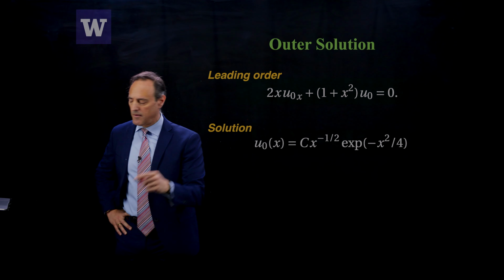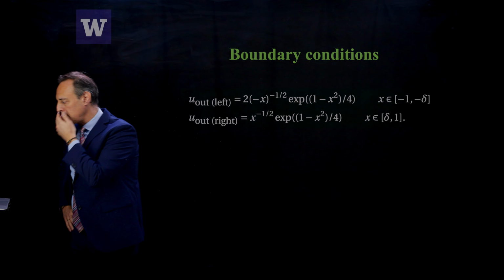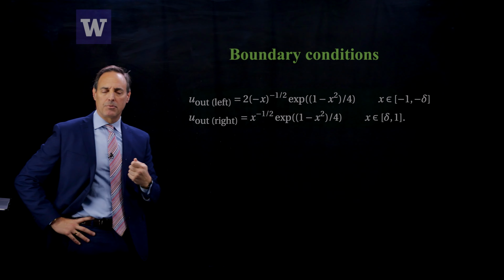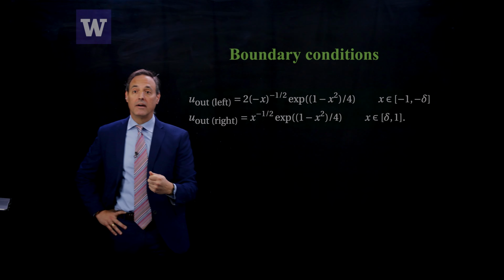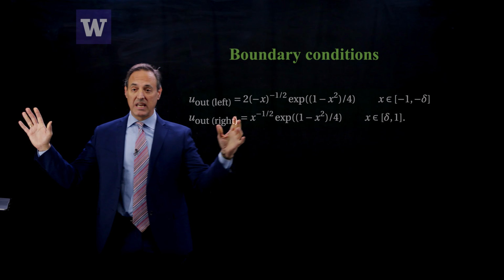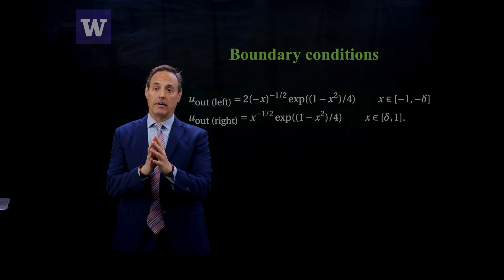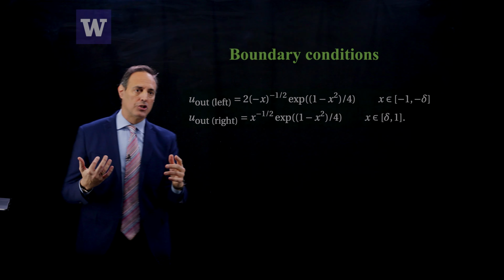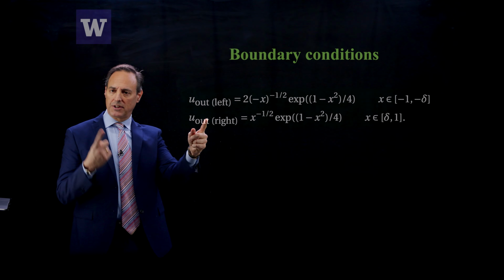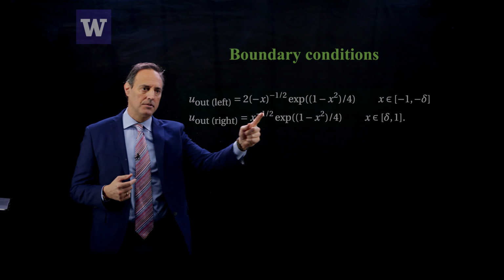But here's what's kind of interesting about this. Let's talk about boundary conditions. It turns out we're going to get a boundary layer at x equals 0. So in the middle of this domain, there's a boundary layer. So I'm going to have an outer solution to the left and to the right of the boundary layer. I'm going to have an outer solution to the left, which is I just take that solution I wrote down. Here it is.